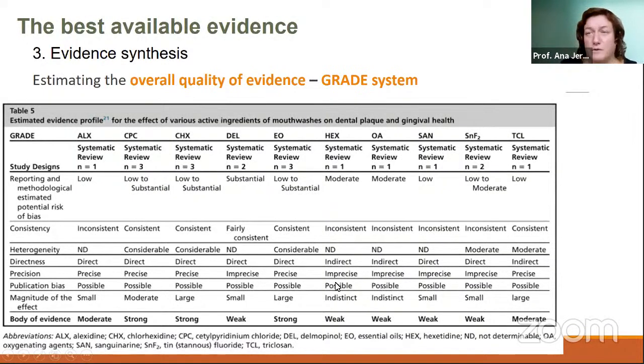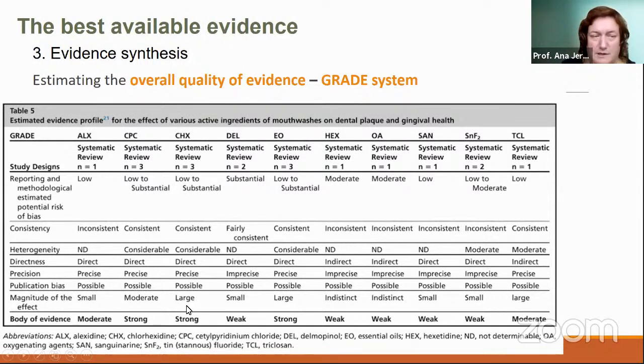The majority of systematic reviews today also estimate the overall quality of evidence using GRADE systems. While meta-analysis can tell us something about the magnitude of the effect, which can be small, moderate, large, or something like that, there are different factors that we also need to take into account to judge whether evidence is weak, moderate, or strong. So let us look at this column. These are all different active ingredients of mouthwash. In this column, we see that the systematic review included 3 studies.